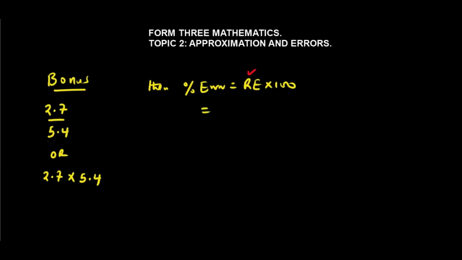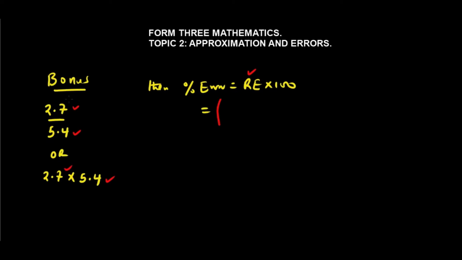So the relative error in this case will be the sum of the relative errors for the individual values we have here. So we'll have the relative error for 2.7.